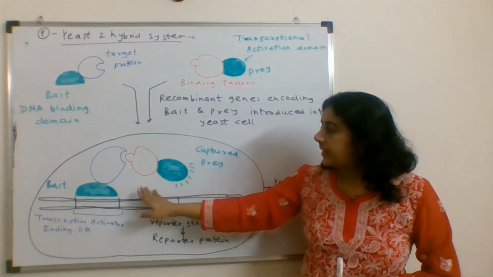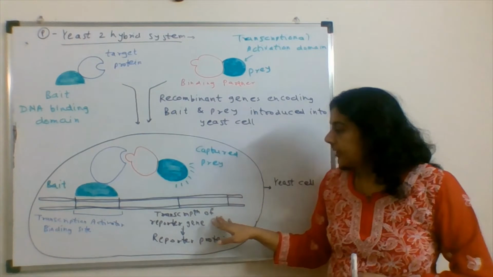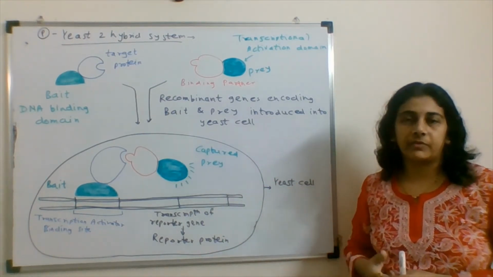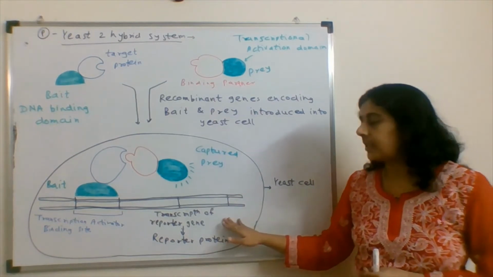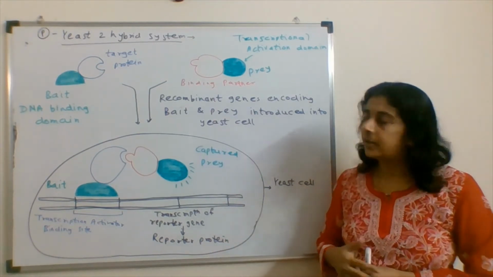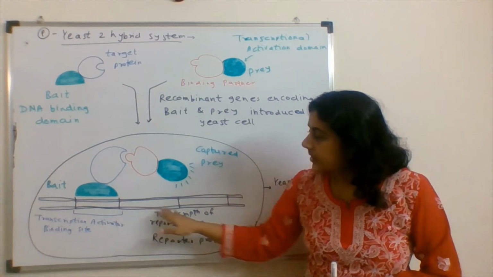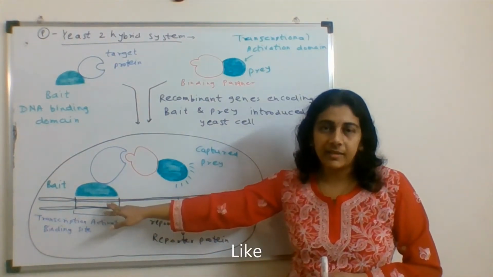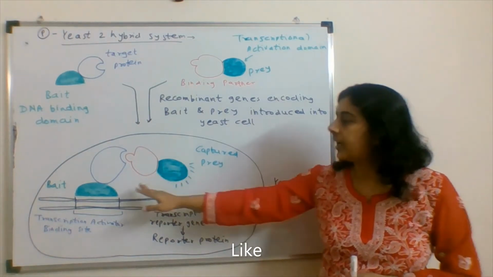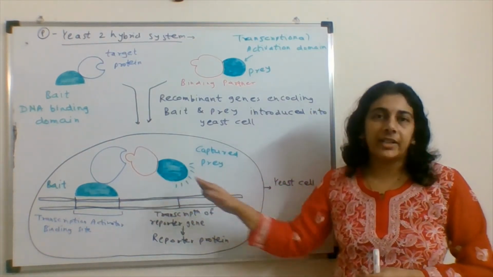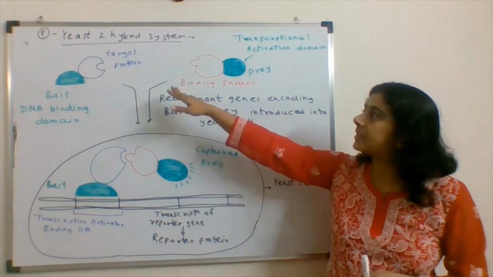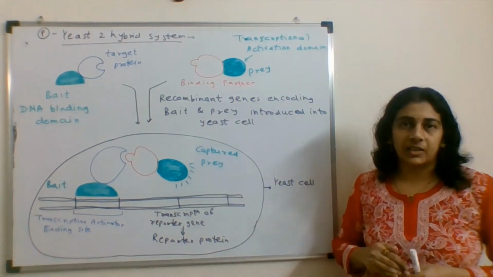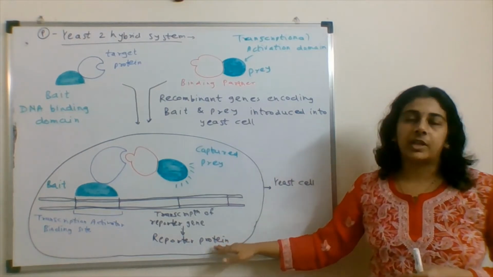Now what happens in the yeast cell? This is a gene whose transcription is to be reported. We need to understand whether this gene gets transcribed or not. So this is a gene, this is a promoter sequence to which now this bait binds, and if this bait and prey have interaction because of this target protein and binding partner, then the transcription will occur and we will get the reporter protein.